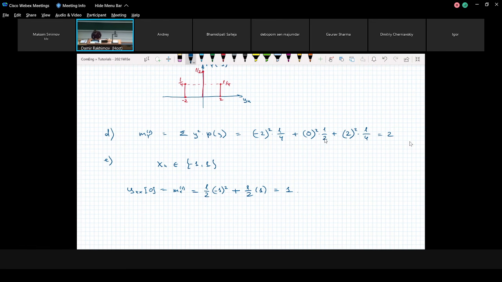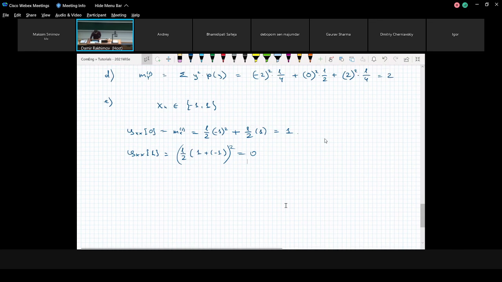And what do we have for any other points? Zero. You have 1/2 times 1 plus 1/2 times -1, you can put the square and it will be 0. That's all you need to know about the autocorrelation function.